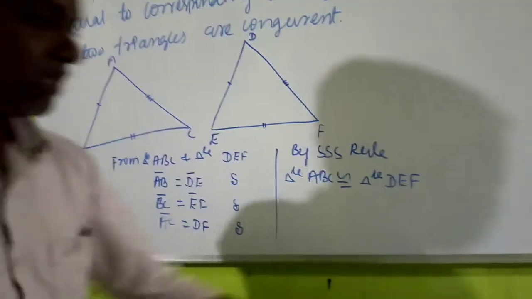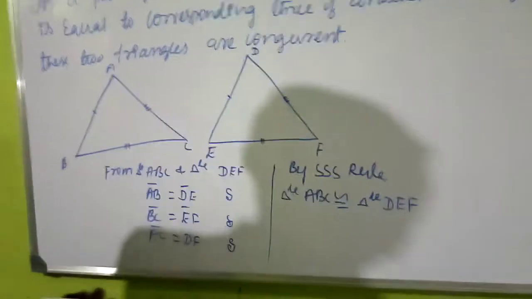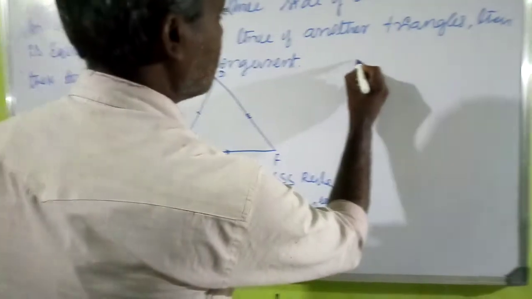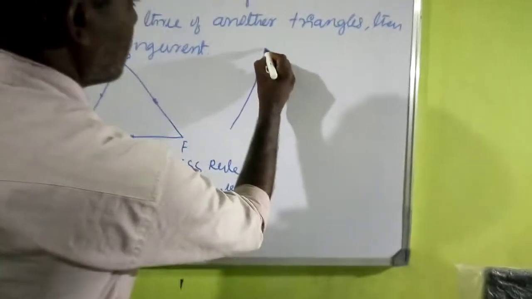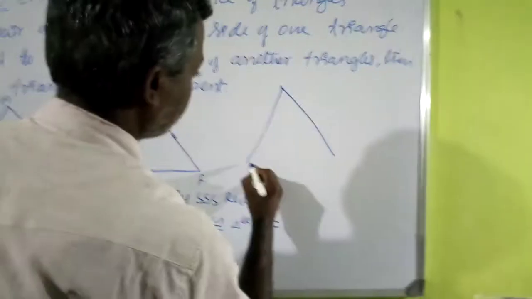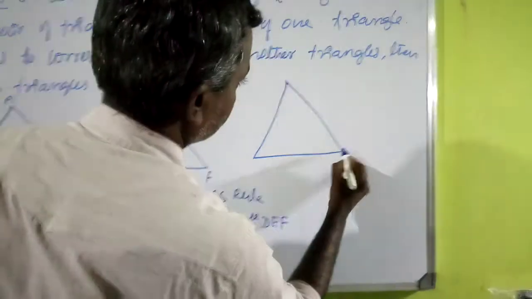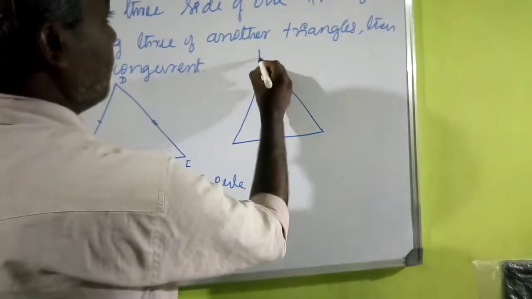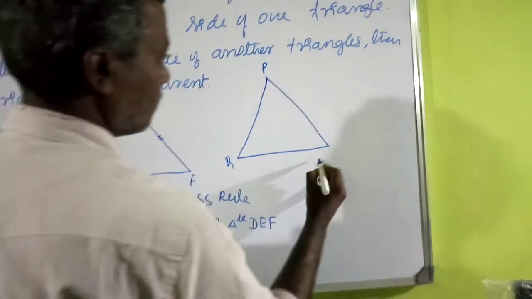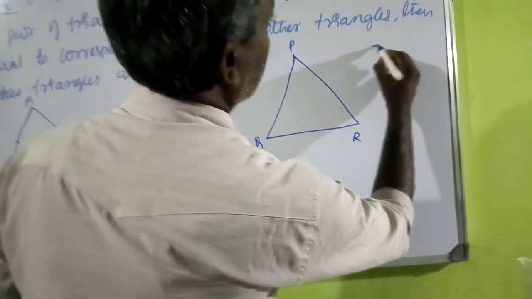Okay now students, next I will take one more example, this time by giving values. This is triangle PQR. Take one more triangle here.